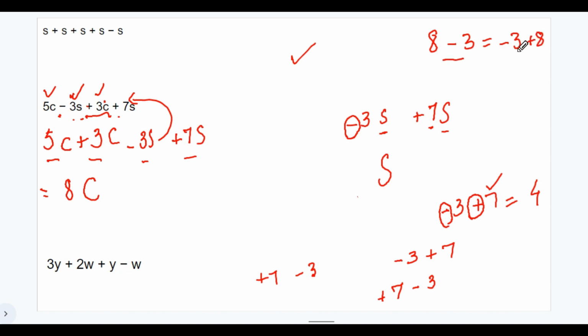So your answer will be same. Okay, now we are going to write over here 4s. So my answer is plus 4s. That is, I'm going to write in my answer. 8c plus 4s is your answer now. Understand? I hope that you understood. Okay, now we are going to do more and more questions, so don't need to be worried.